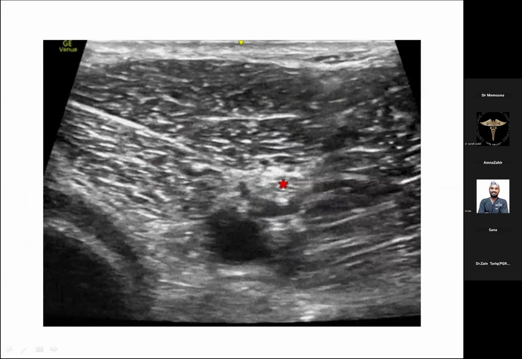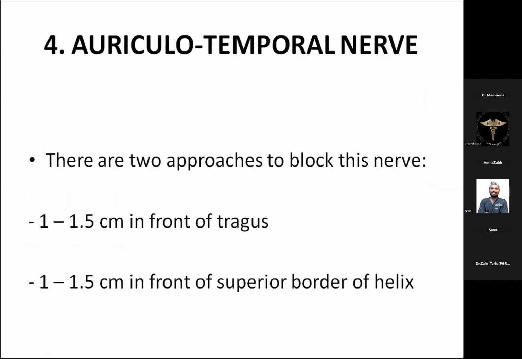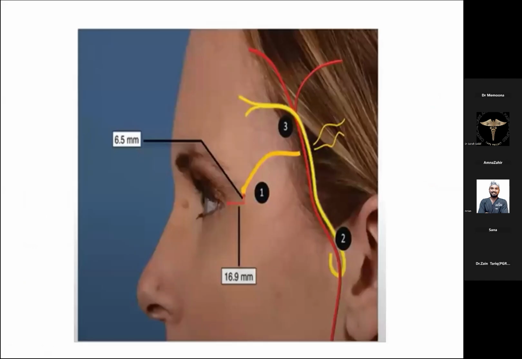The fourth nerve is the auriculotemporal nerve. Now, there are a few approaches for this nerve. This picture very clearly shows the relation of the auriculotemporal nerve and the superficial temporal artery, which courses along with it throughout its course.